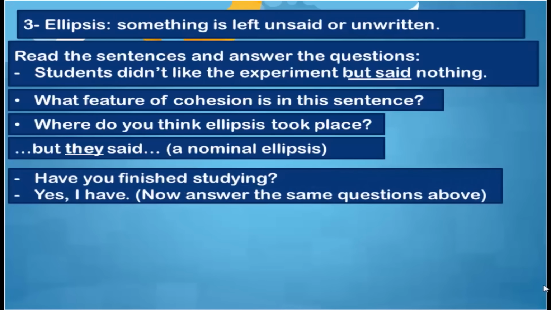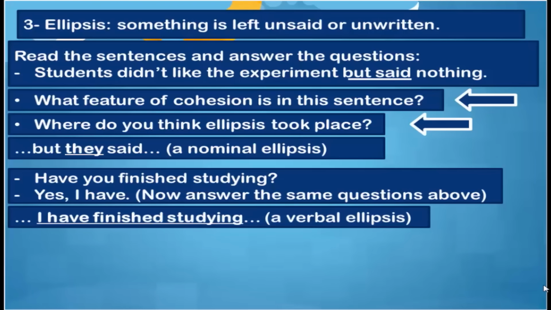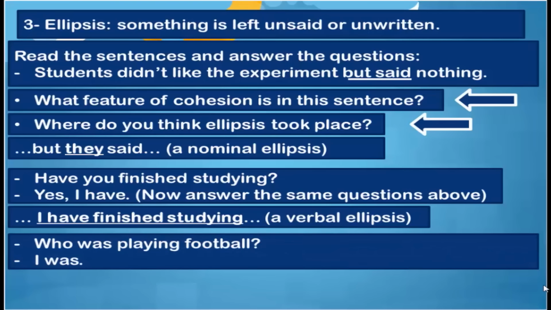Have you finished studying? Yes, I have. Now answer the same question. Yes, I have. Have what? I have finished studying. We have omitted the verb, so this is a verbal ellipsis. Very good.